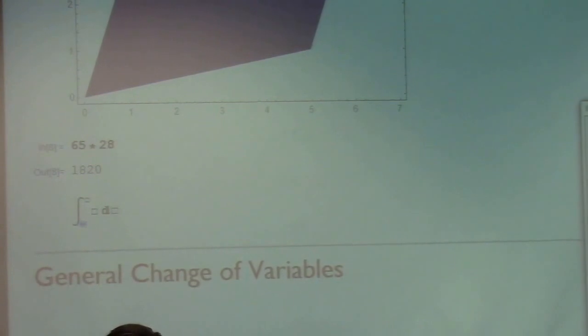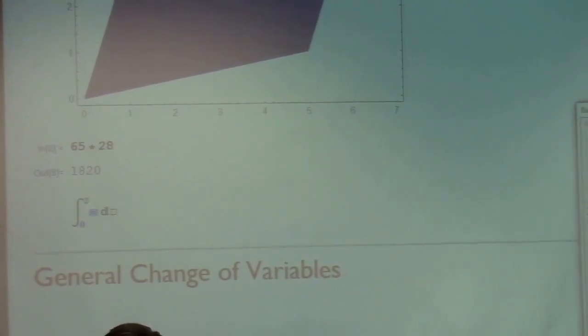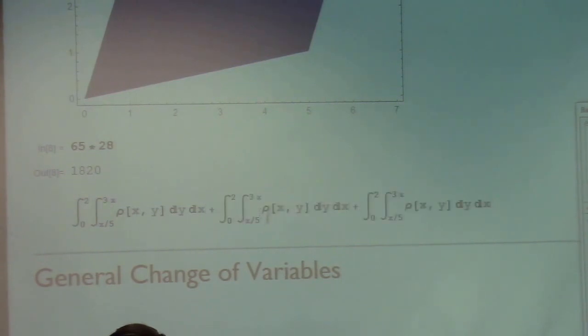Type this in as fast as I can. Use some copy and paste magic here to help type it in faster. There's the first integral. Copy, paste with plus signs, and make appropriate adjustments.